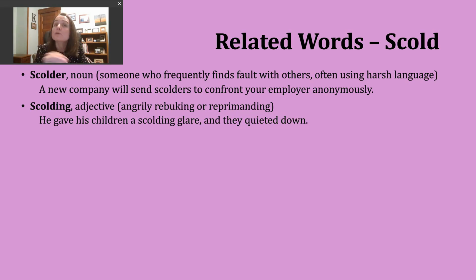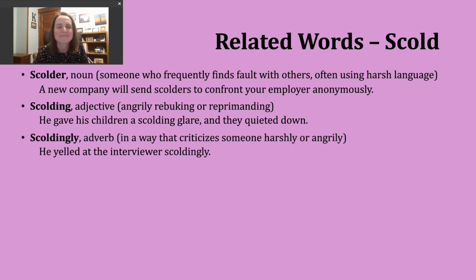An example of this word as an adjective in a sentence: he gave his children a scolding glare and they quieted down. So here, scolding is describing the look, the glare, right? So I know many parents know they can do particular facial movements and communicate a lot with just that kind of look. So that's what happened here. The children knew, like, oh, we shouldn't be so loud, perhaps.